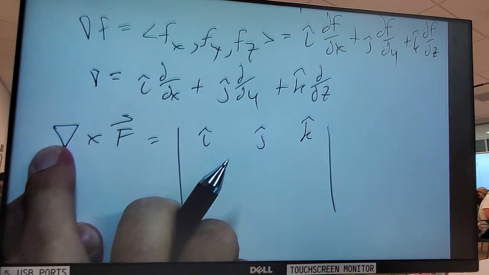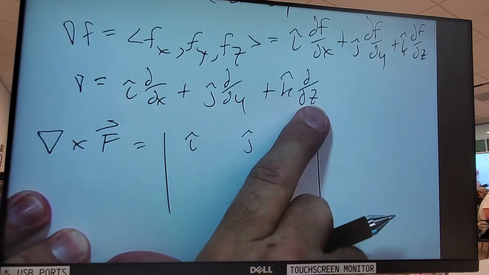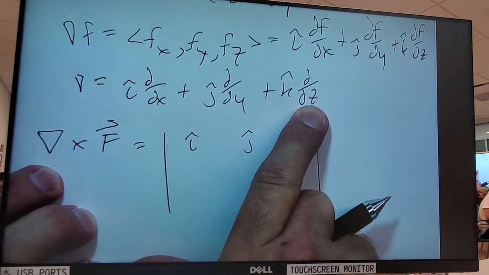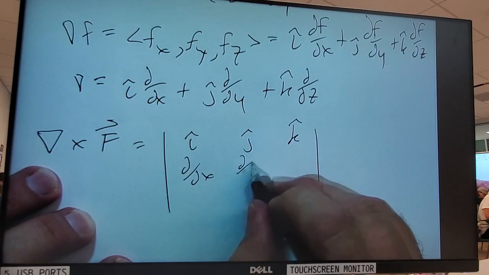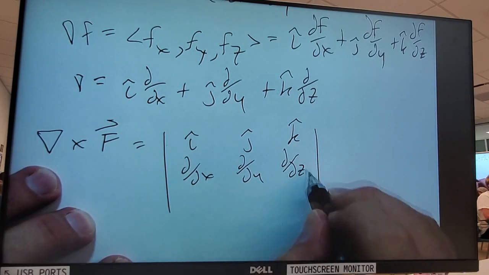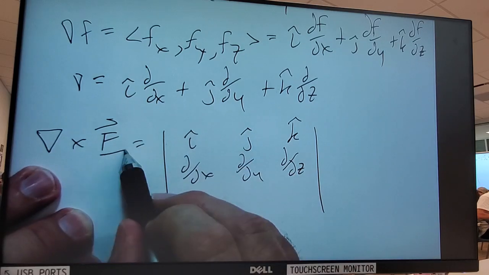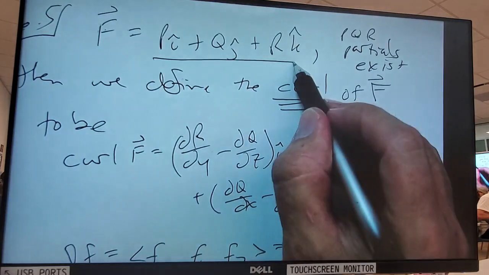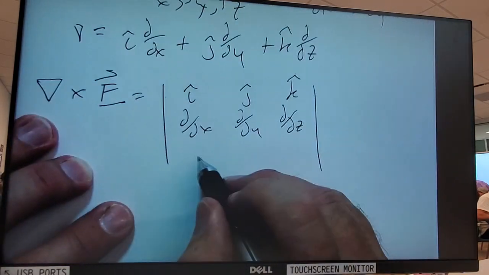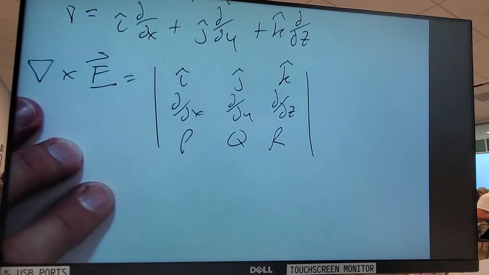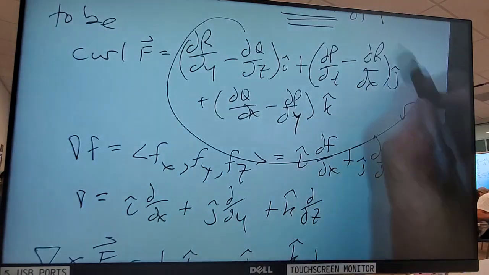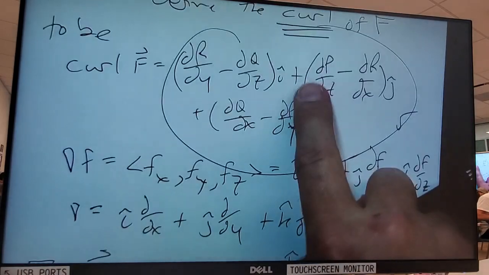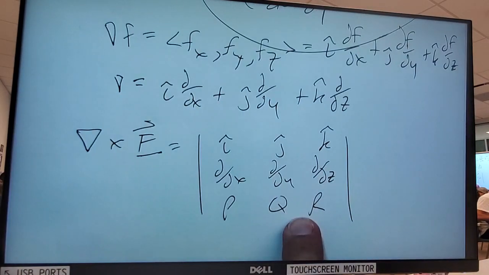It's this business, yes? So this will be d by dx, d by dy, d by dz. And then what goes down? What's f? P, Q, R? Now, just to cut to the chase, when you do this, you get this. So whoever noticed that that looked a lot like a cross product, it is exactly a cross product.